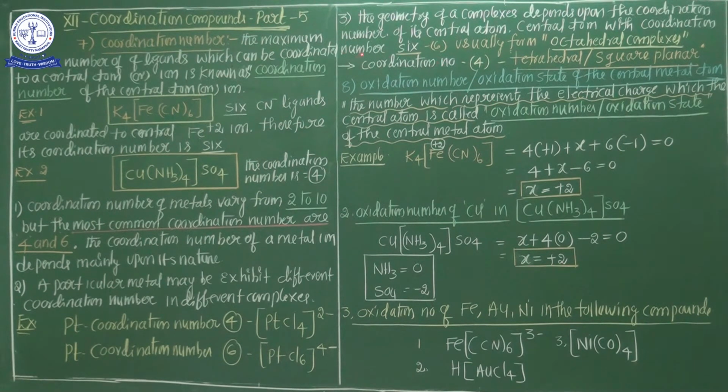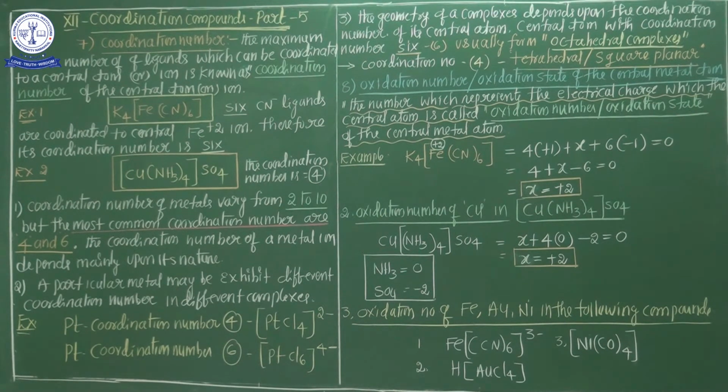If a complex shows 6, it is octahedral, and if a compound shows coordination number 4, it is tetrahedral or square planar. These are the most important points regarding the coordination number.